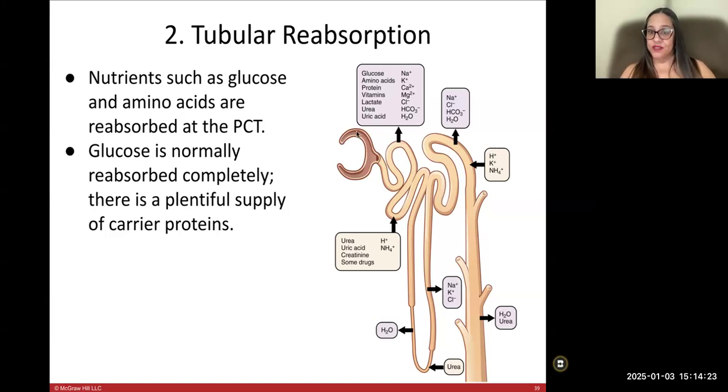You can see there's the glomerular capsule, and then the PCT, there's a lot that gets reabsorbed. And then the loop of Henle has its own, just a few. And then the DCT, the distal convoluted tubule, has a smaller list, sodium, chloride, bicarbonate, water. And then the collecting ducts has its own solutes that cross there as well.